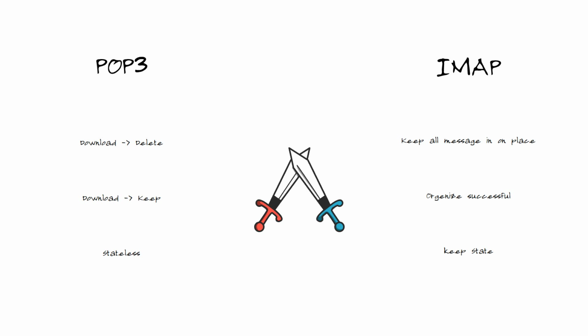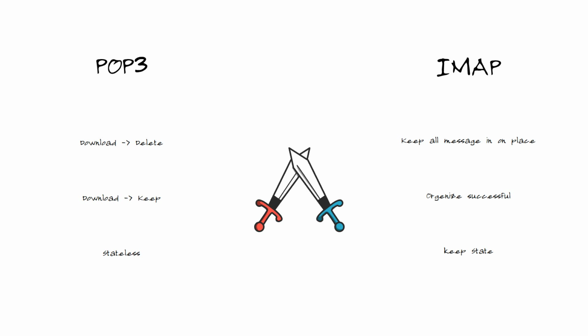There are two modes. First, download and delete, where you can't reload the email if you change clients. And the second is download and keep, where copies of messages are kept on different clients. POP3 is stateless across sessions.